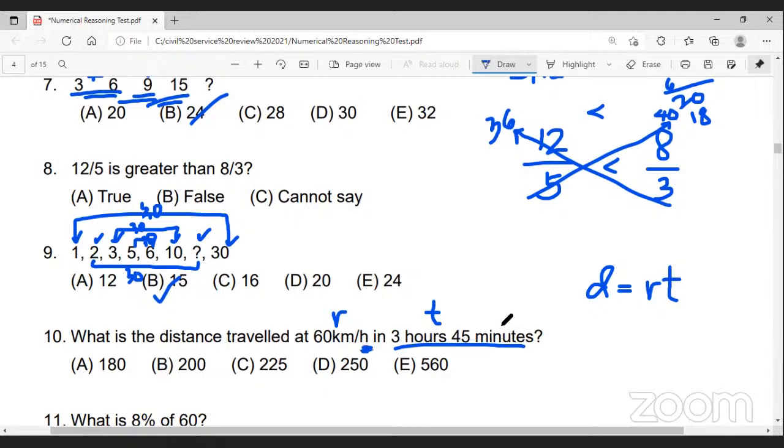So, convert the minutes into hour. 3 hours and 45 minutes, what's the equivalent? Decimal.